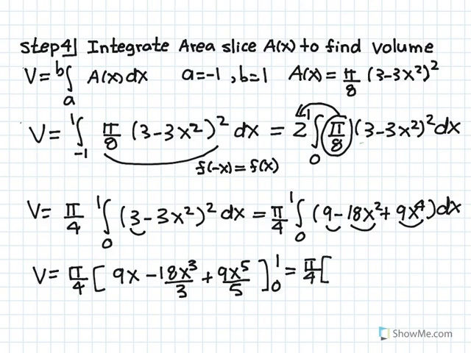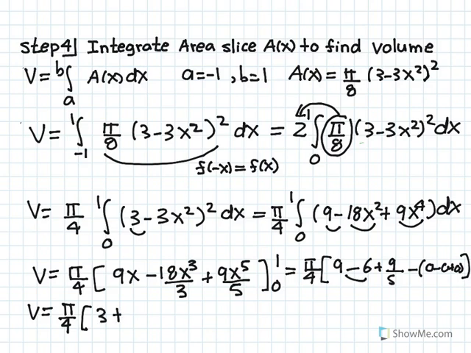times the upper limit, which is going to be 9, minus, put 1 in for x, we get 18 over 3, that's 6, plus 9 over 5, minus, and put 0 in, we get 9 times 0, that's 0, minus 6 times 0 cubed, that's 0, plus 9 over 5 times 0 to the 5, that's 0, it's all 0. So the volume comes out as pi over 4 times 9 minus 6 is 3, plus 9 over 5.